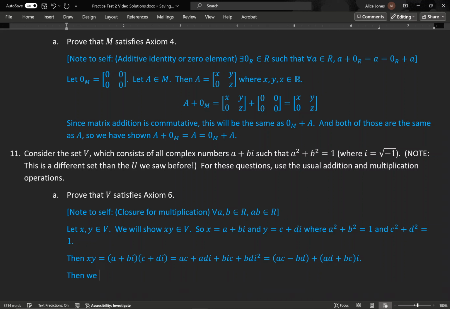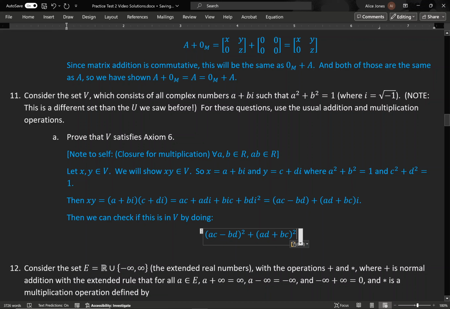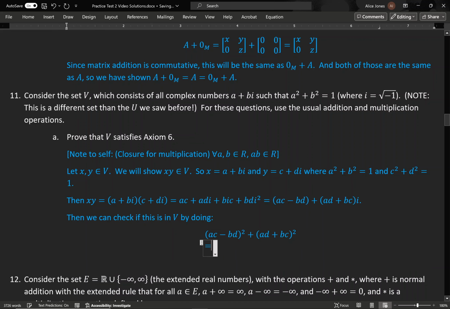So we can check if this is in V by doing, okay, we're going to square and square, and I'm just going to paste these things in here. We're going to square that, and we're going to square that, and see if it comes out to be 1 or not. A little bit tedious, but this is what we have to do.